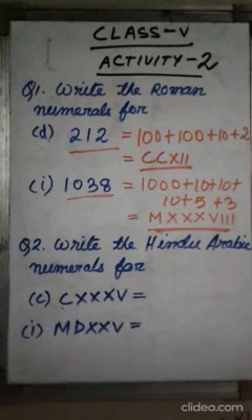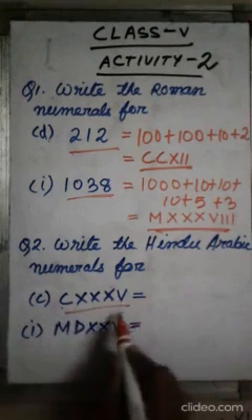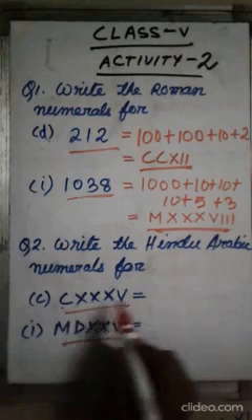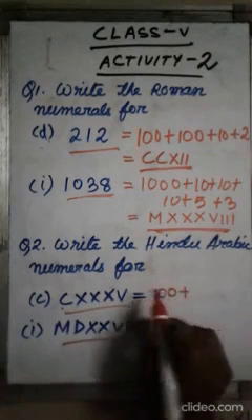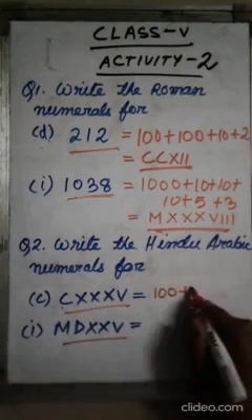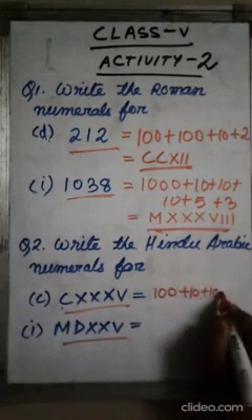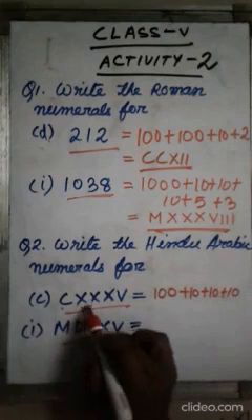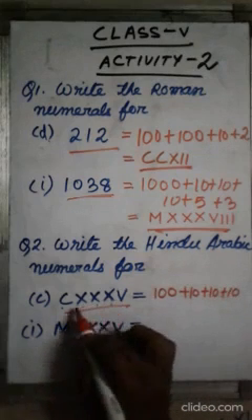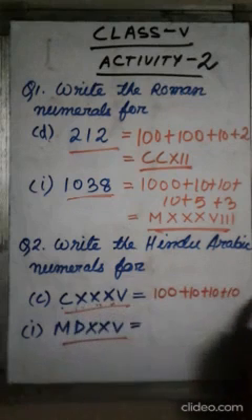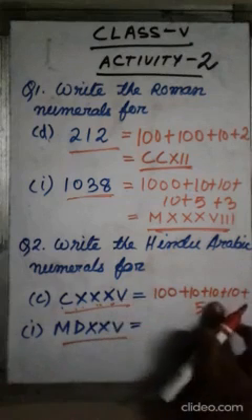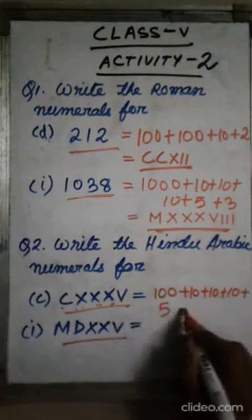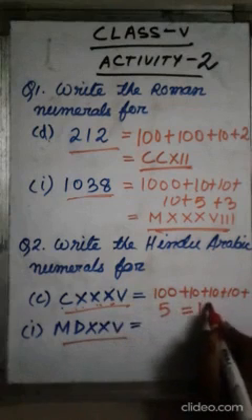Question number 2: write the Hindu-Arabic numerals for this and this. For C, I can write 100 plus 10 plus 10 plus 10, 3, plus 5, which is equal to 135.